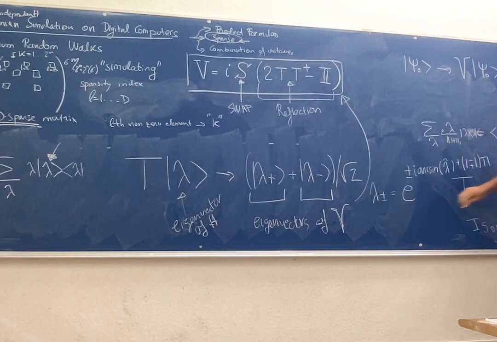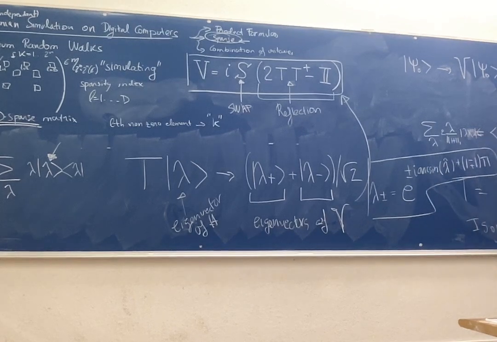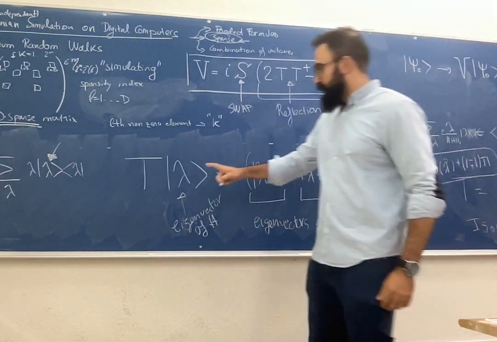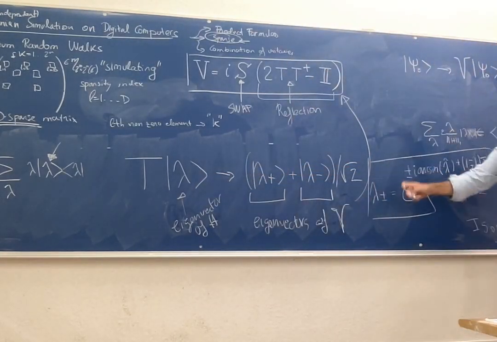Okay, this is really important. So this operator, based on these weird states, is mapping us from eigenvectors of H to eigenvectors of the quantum random walk. And the eigenvalues of the eigenvectors of the quantum random walk are given by this.